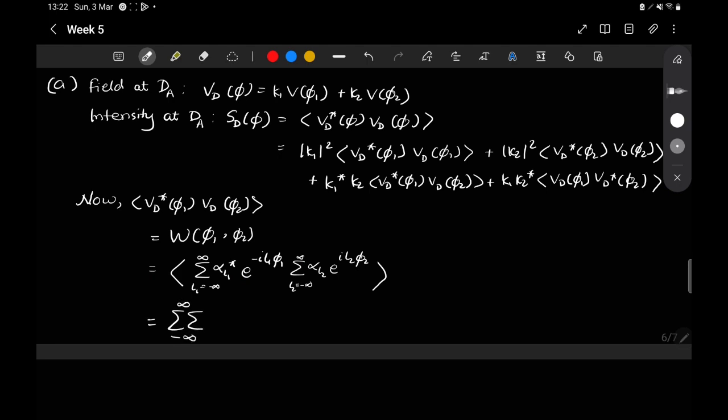The summations both run from negative infinity to infinity.